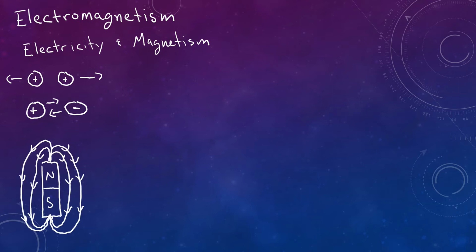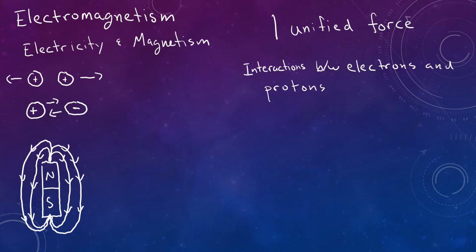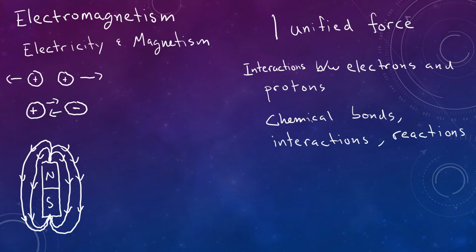And we learned from magnetism that magnets can create these magnetic field lines and have interactions with other magnets and metals and moving charges. And so although these seem to be different things, they are in fact one unified force. They're interactions between electrons and protons. They're all basically moving charges.